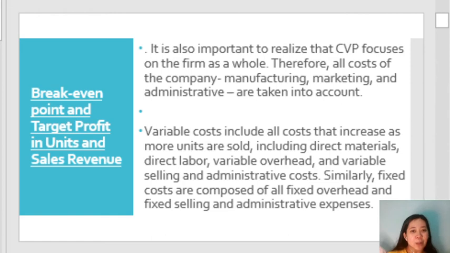Okay, so those expenses that do not have a direct relationship to the number of units being produced. Regardless of the production, their balances will still remain the same. So this is the nature of fixed cost. This is just a sort of review because you already have taken this in your previous course.